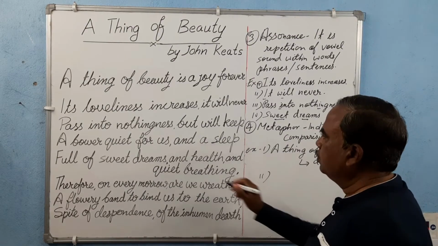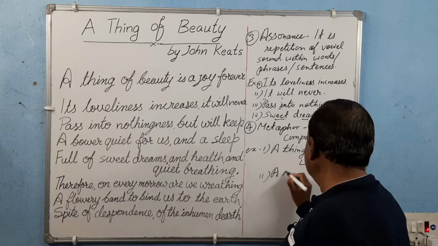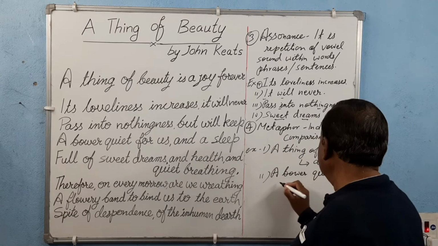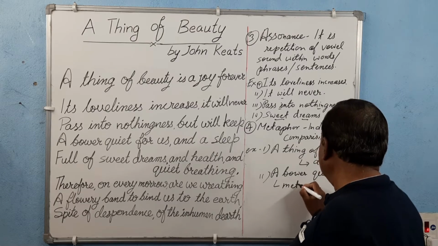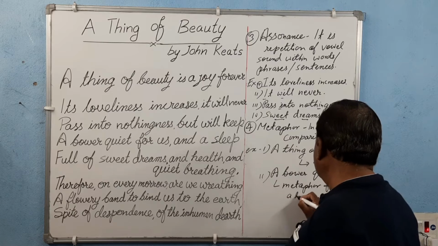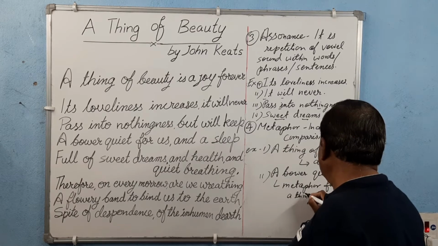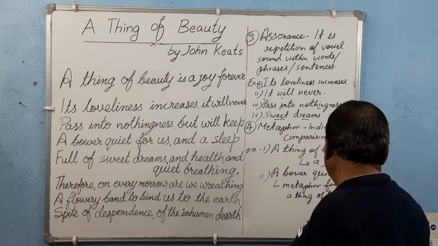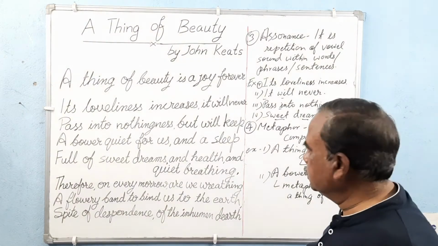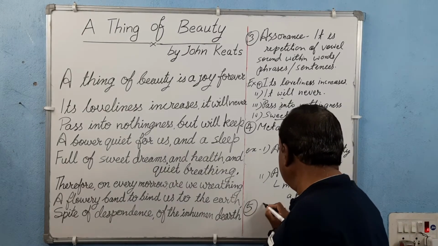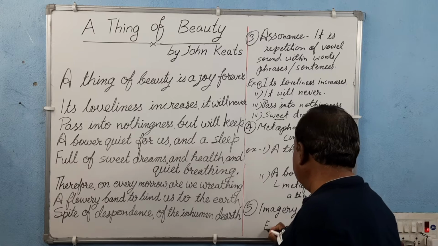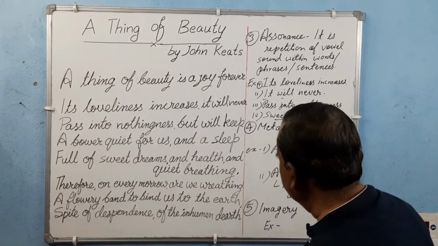And example 2, a bower quiet. It is a metaphor for a thing of beauty. Fifth poetic device is imagery. Example, a flowery band.